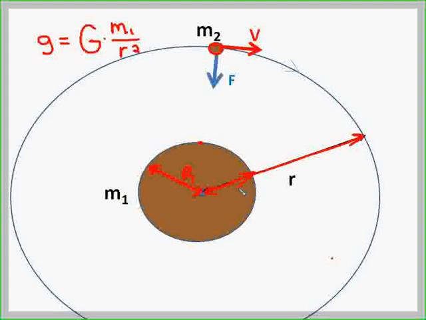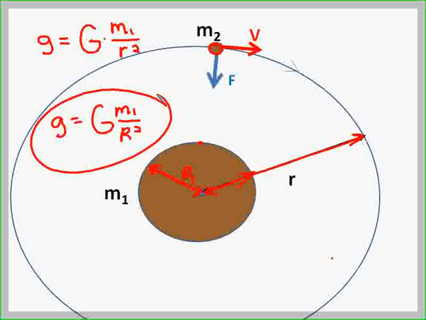So if you want to get the acceleration due to gravity right at the surface, what will be the expression? JD, who immediately wrote this down? The acceleration due to gravity on the surface of a planet, m1, can be calculated by big G times m1 over r squared.